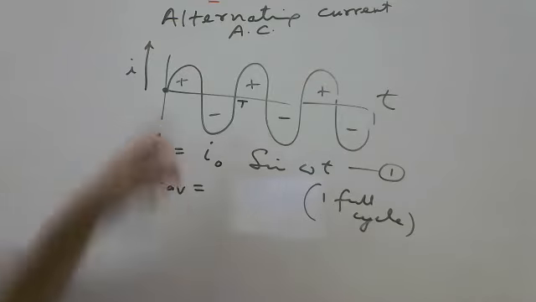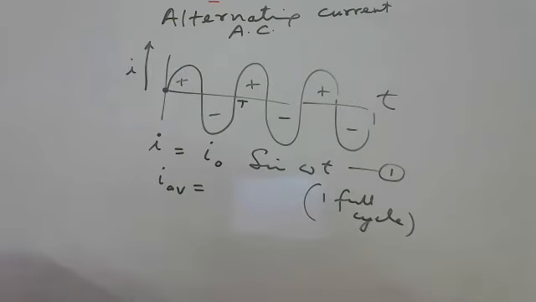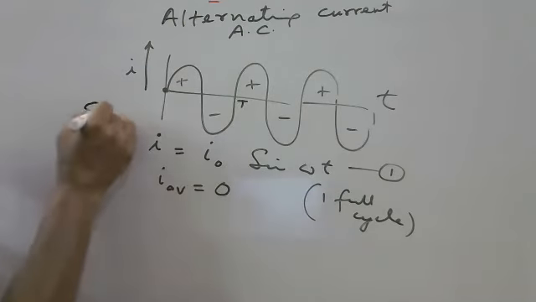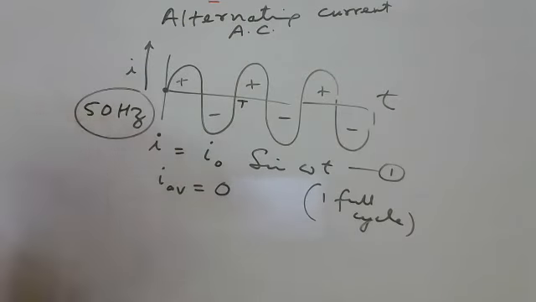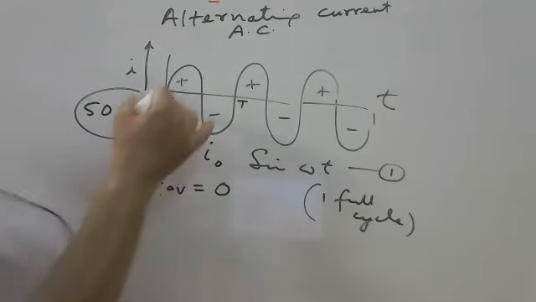So what is the average value? Plus minus, if you take the average for a full cycle, that is 0. It means we cannot measure the average value in case of AC. It is not showing you any value, the reason being that it is very fast. Suppose in our household supply AC is coming at 50 cycles per second, so the frequency is 50 cycles per second. So instantaneous value also we cannot even think to measure, because it is changing very fast.